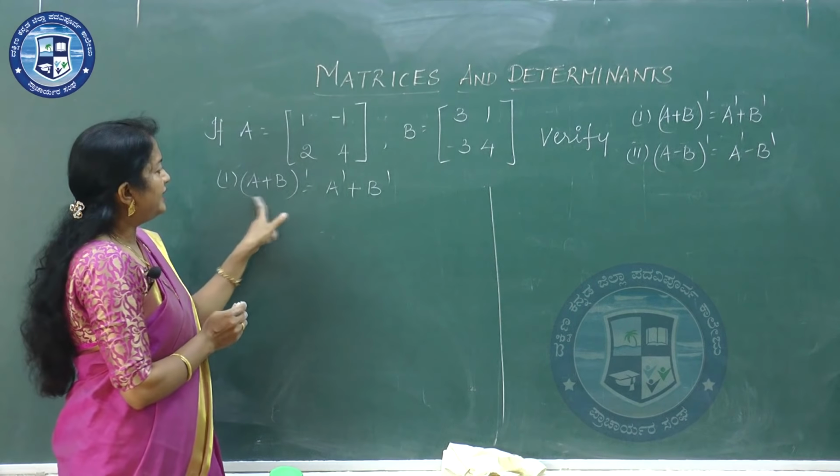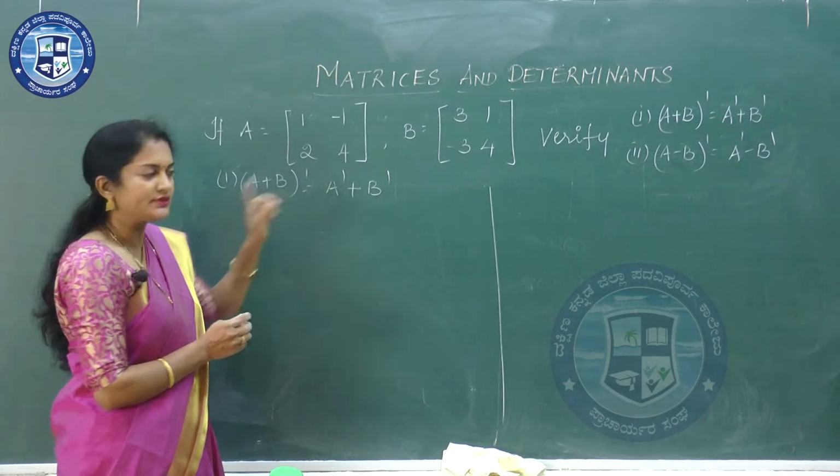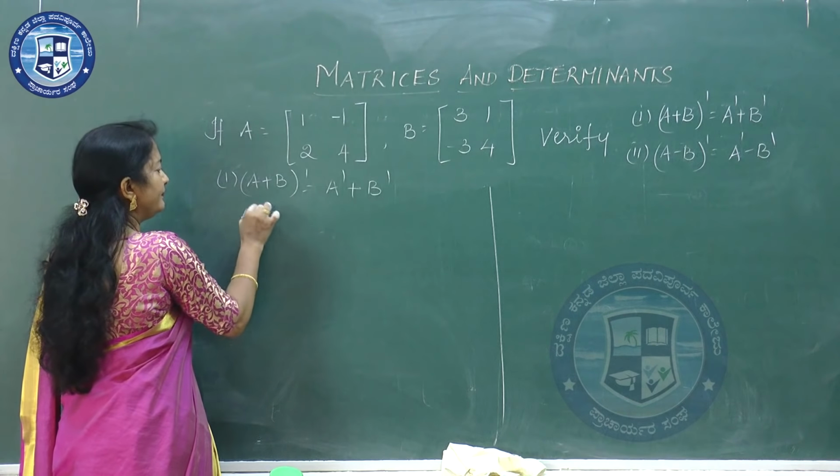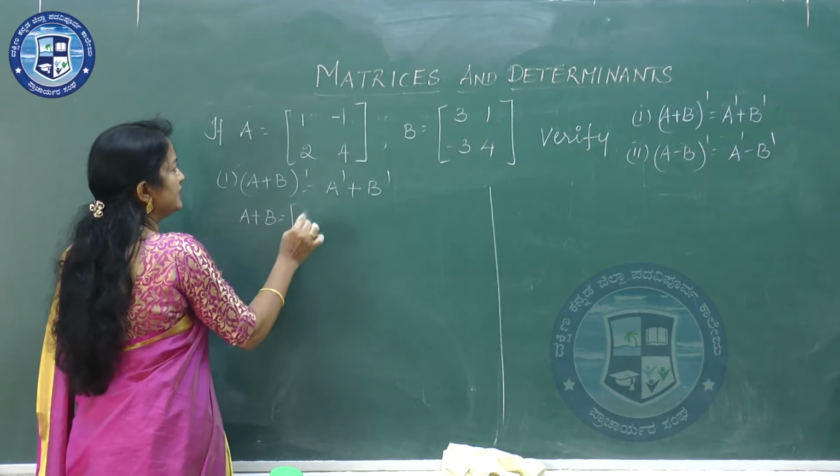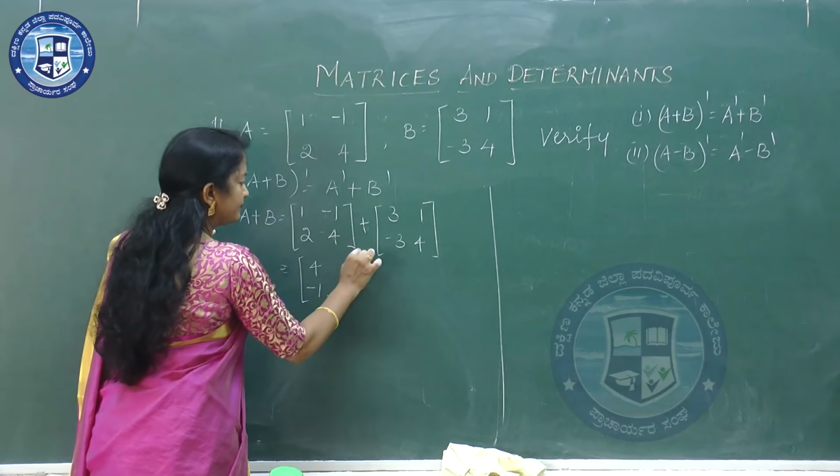For that, LHS, (A plus B) whole transpose, we find what is A plus B. A plus B is [1, -1; 2, 4] plus [3, 1; -3, 4], which is equal to [1 plus 3, -1 plus 1; 2 plus -3, 4 plus 4], that is [4, 0; -1, 8].